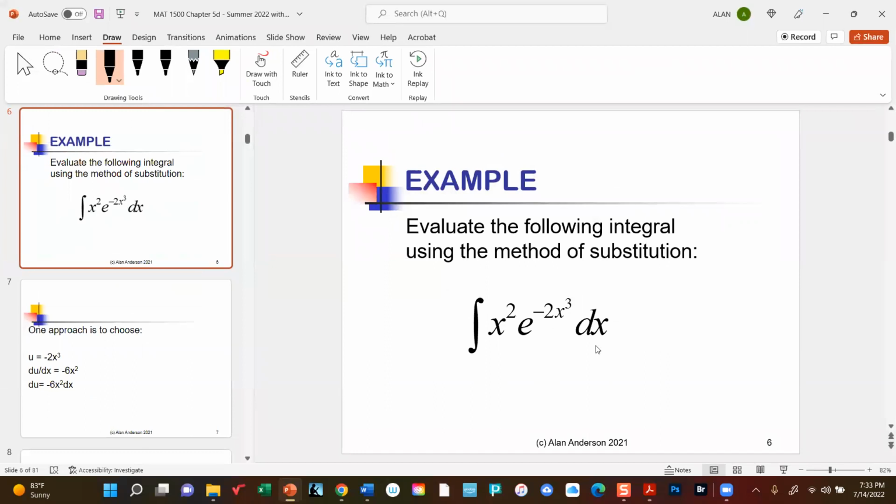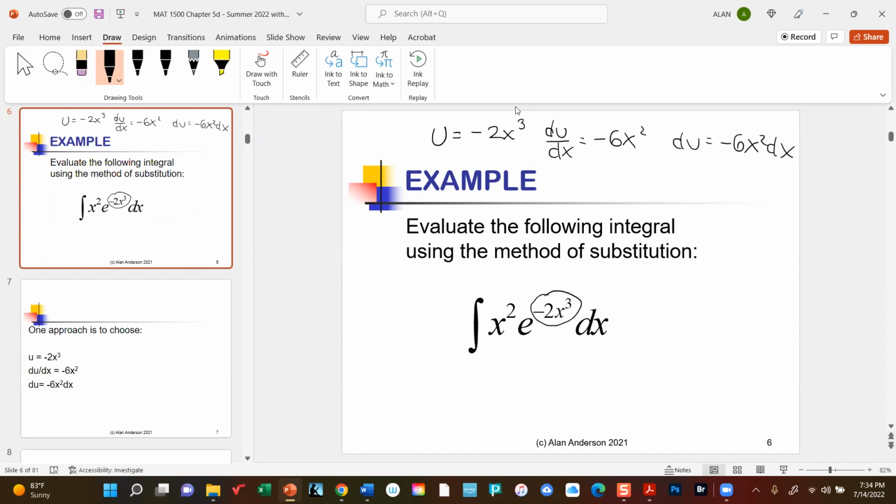And again, you're probably thinking, based on what we just saw, how about if we let u equal the exponent of e, du would therefore, du dx, based on the power rule, minus 6x squared. So therefore we have du is minus 6x squared dx.